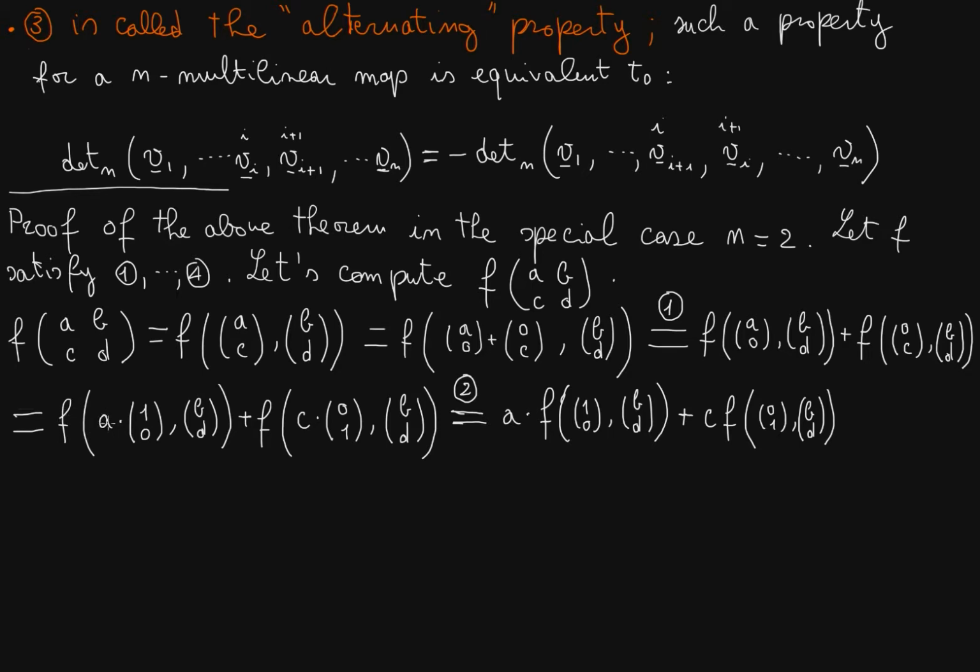In the first summand the coefficient is a, so the first summand is going to be a times f of the remaining arguments, (1, 0) comma (b, d). And in the second summand, we can pull out c, and what remains is f of (0, 1) comma (b, d).